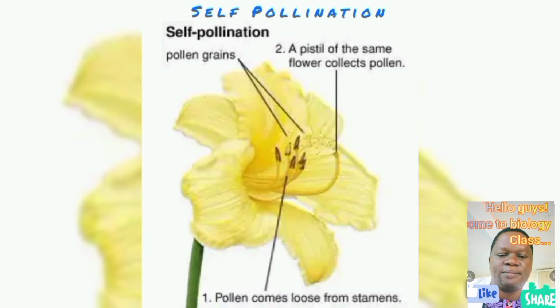Apart from that, the plants also do not depend on external factors before pollination can take place. In fact, a small amount of pollen grain is enough to get the plants pollinated. Meanwhile, there are also disadvantages of self-pollination.